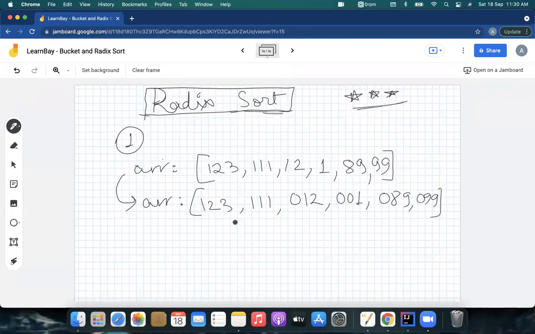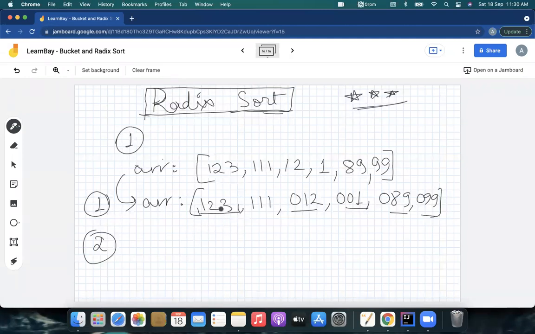So what I did is I found the maximum number of digits that any element has in this array, which is 3, and I converted all the elements into 3 digits. This is the first step: count the number of digits of the maximum element. Step 2 is you pick the least significant digit of each element in this array.